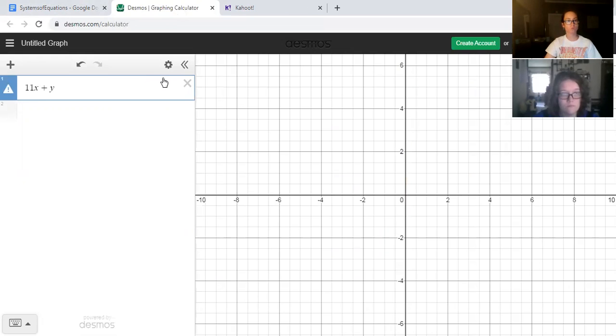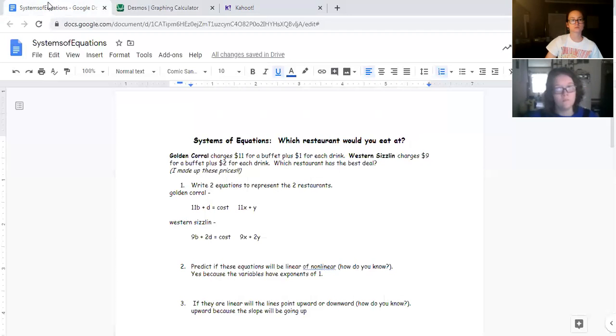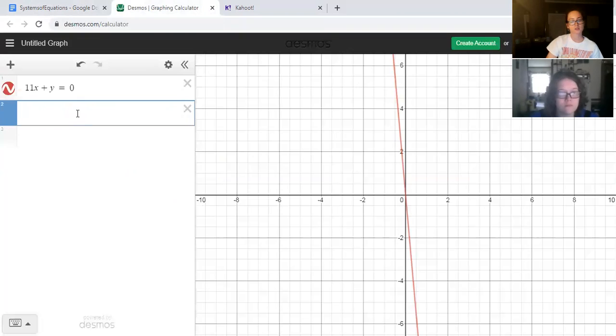Okay, it's giving me a little, it wants an equal sign, so we're going to have to set this equal to 0 just for it to graph it. And then we'll have 9x plus 2y. Let's just see what happens.